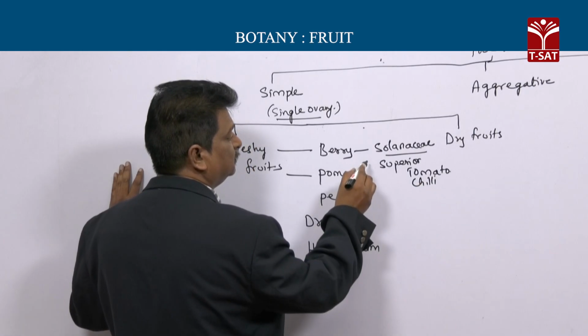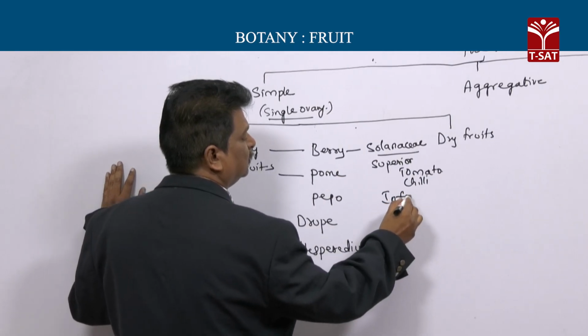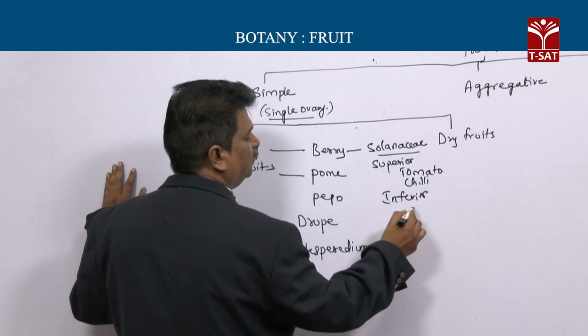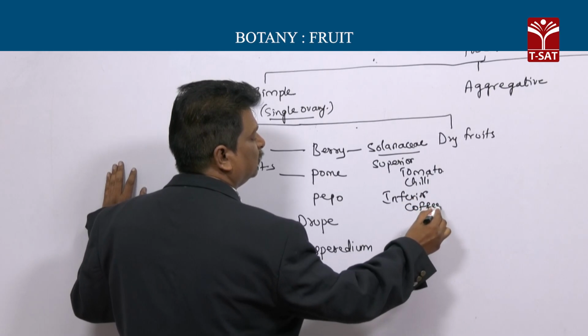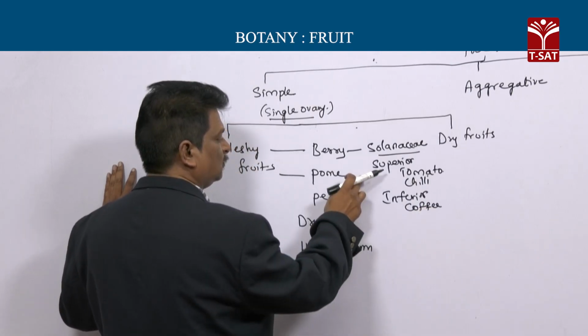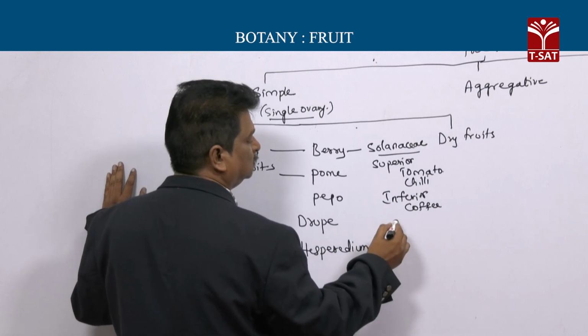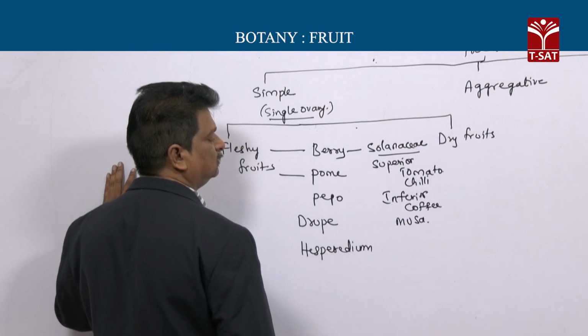In some plants, this berry fruit is developed from an inferior ovary, for example coffee and even Musa, banana.